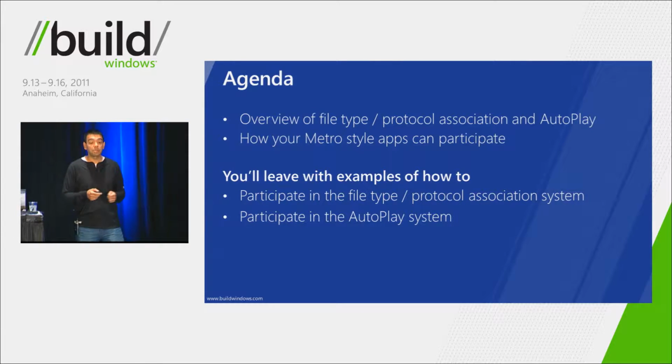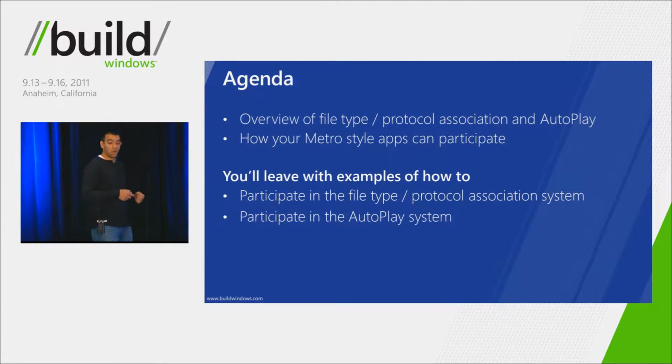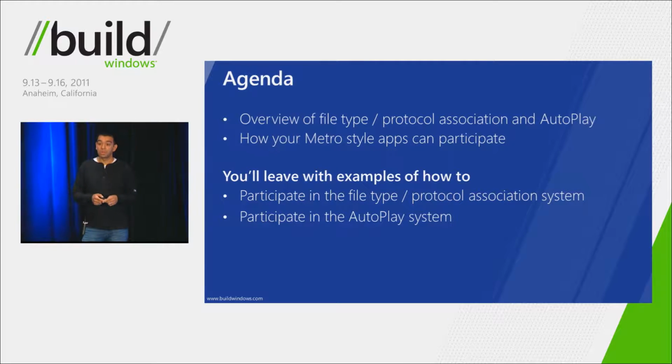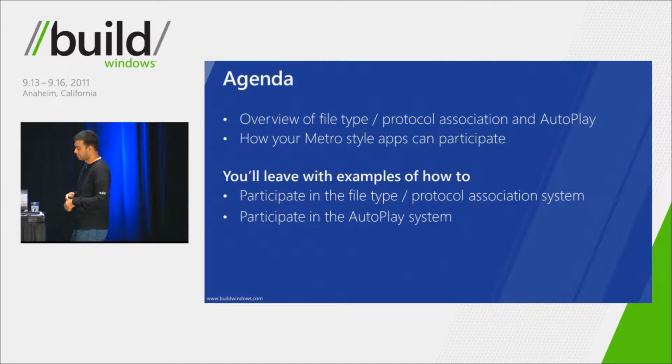We're going to establish that user model, and then we're going to switch towards, from a developer perspective, what is the work required of you as app developers to make sure your applications are participating in that model. So I'm hoping by the time we're done here today, you not only have a good understanding of what the user model looks like, how the end users are going to be seeing your applications in these states, but also the work that's required of you as app developers and the guidelines and some of the specifics around that.